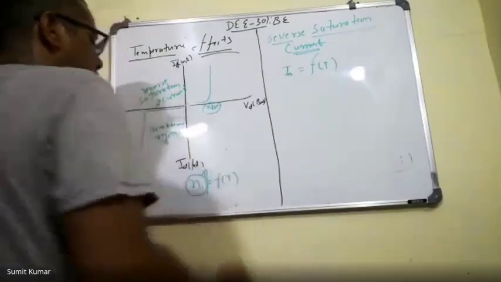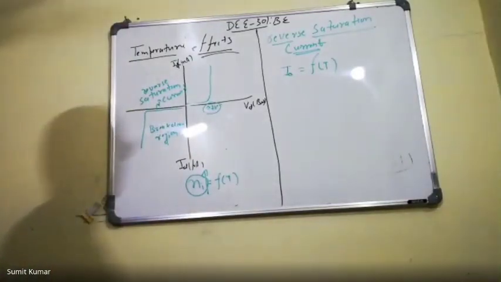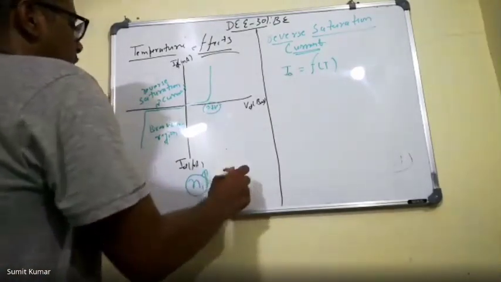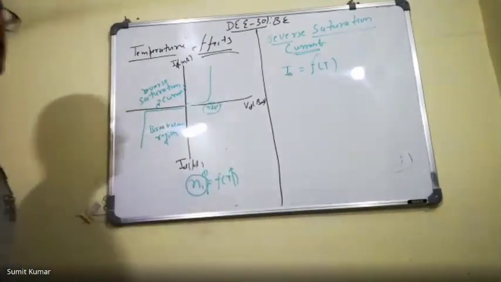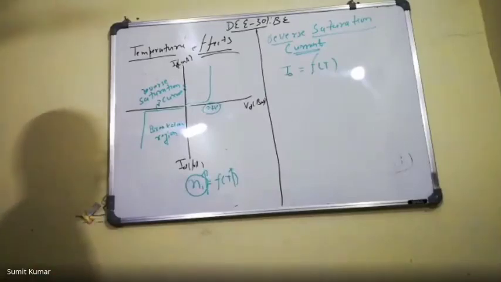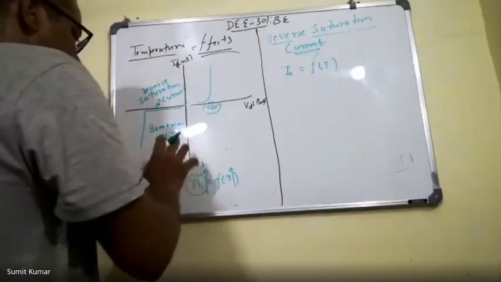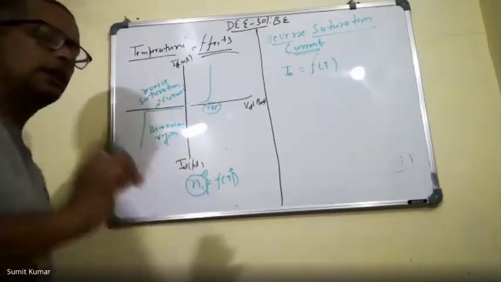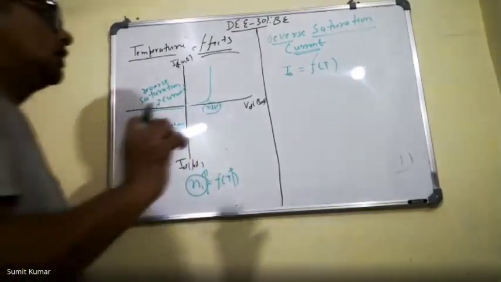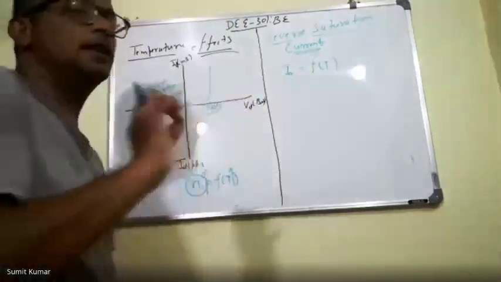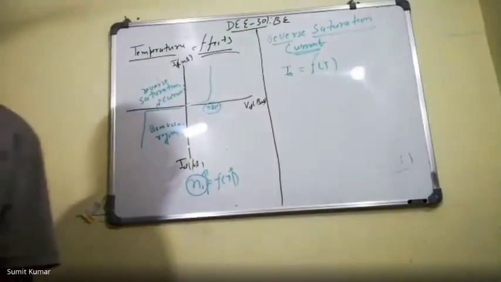The intrinsic concentration of a semiconductor increases when the temperature increases, and we know that this reverse saturation current is the drift current. This we have understood in the reverse biasing of a p-n junction. So if this reverse saturation current increases as we increase the temperature, then there must be some kind of relationship. Here we are trying to understand that relationship.